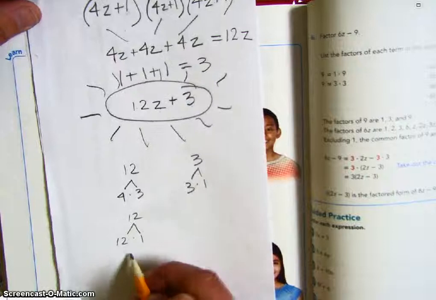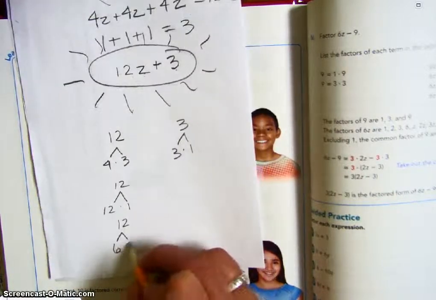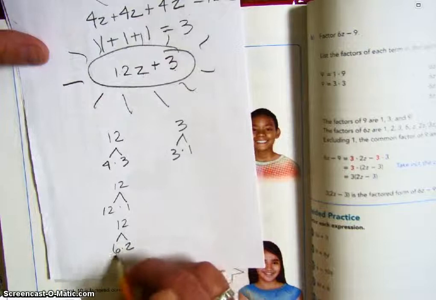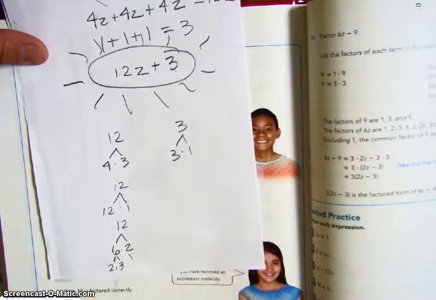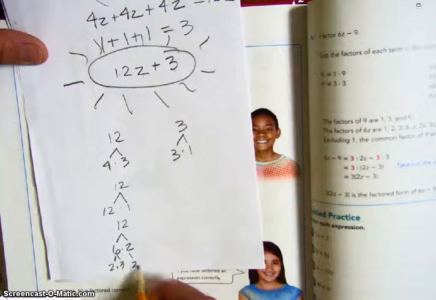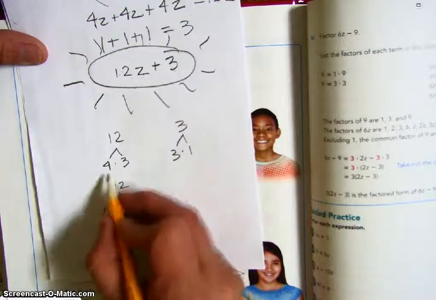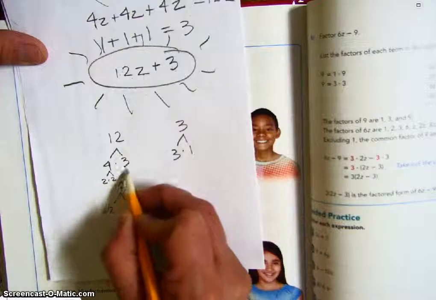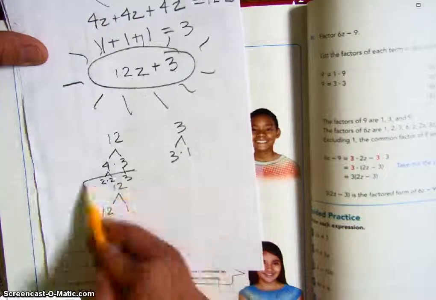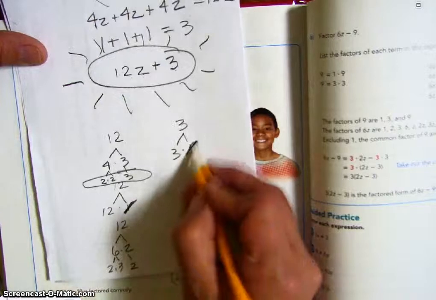Or it can also be 6 and 2, but then that would factor down. This would be 2 and 3 that equals 6, and we bring that down. So essentially, sorry, I didn't fully factor that one out, and then it would bring down our 3. Remember we don't use 1 because everything has 1.